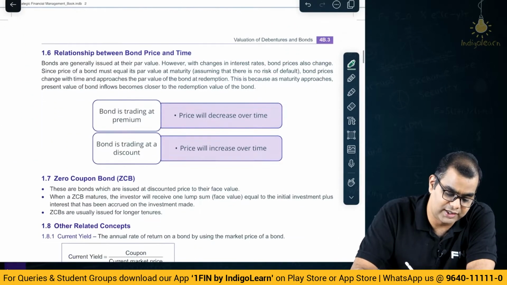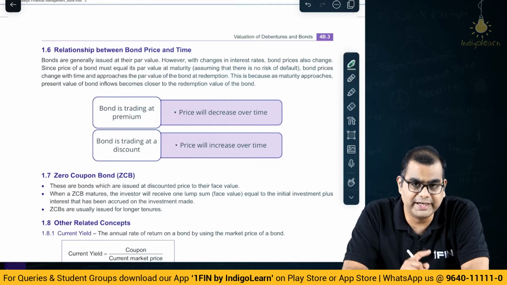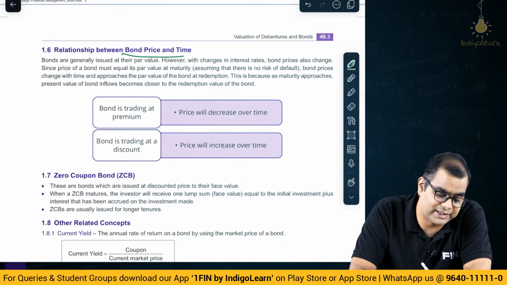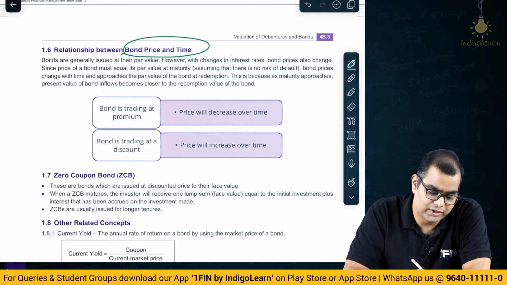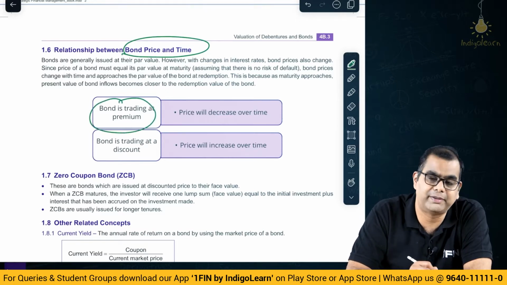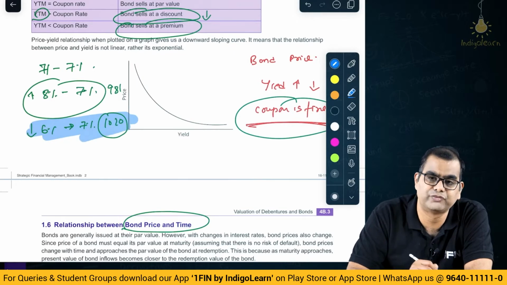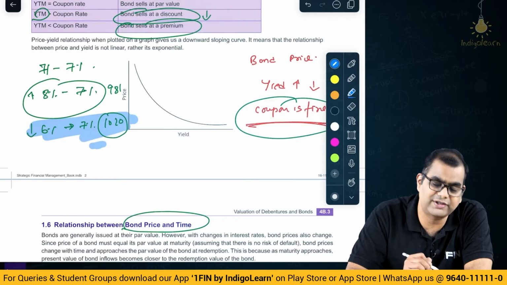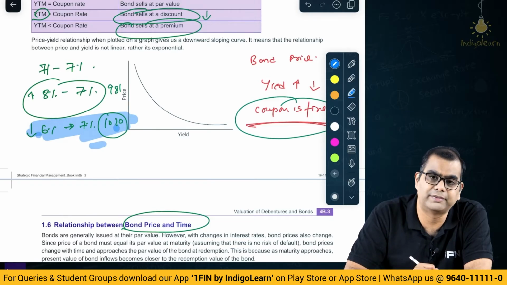This is the logic. Now, we have discussed the relationship between yield and bond price. However, there are certain other things also, relationship between time and bond price. What is this time and bond price? See, what happens is, if the bond is trading at a premium, in this particular case, because there are 2 years to maturity and yield has come down, bond price is going up.